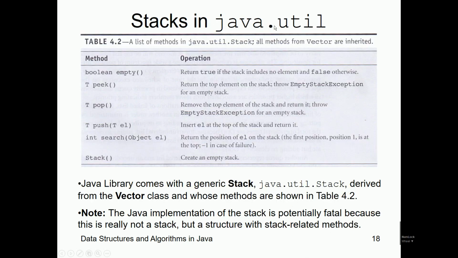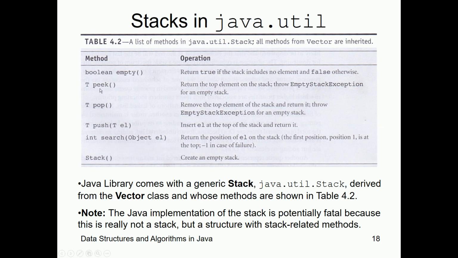The stacks, well, basically in Java these are available. You can use those. There's a class called java.util.Stack, which has these methods. They call it peek, which returns the top element of the stack without removing it.